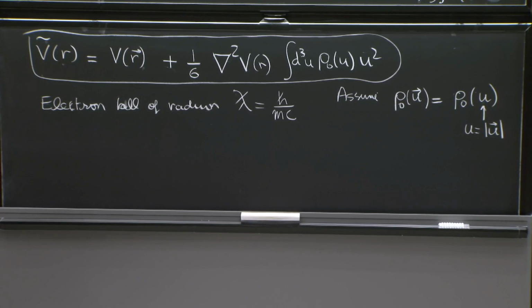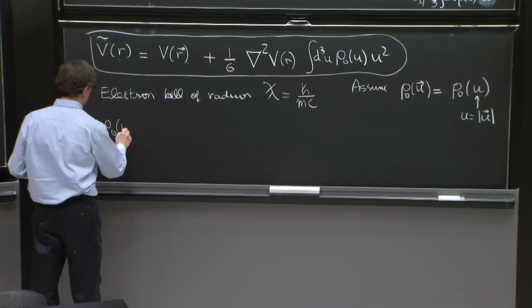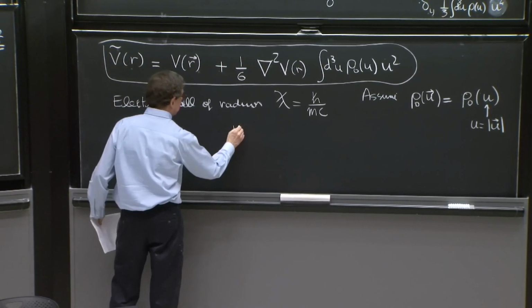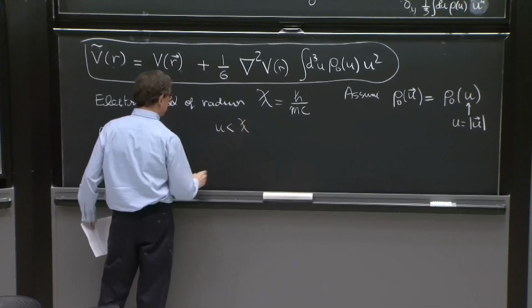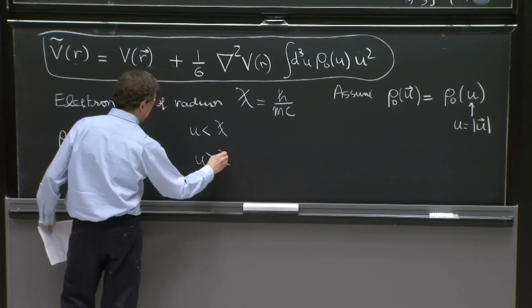So that means rho 0 of u is non-zero when u is less than this lambda, and it's 0 when u is greater than this lambda.